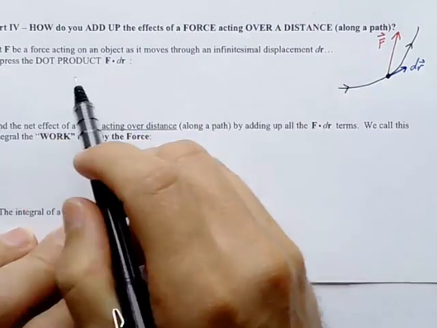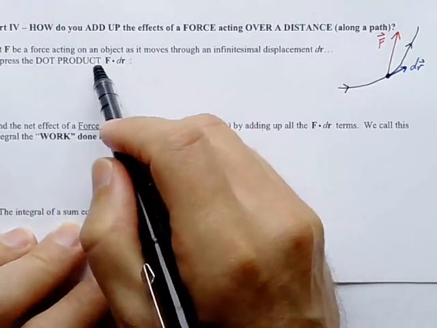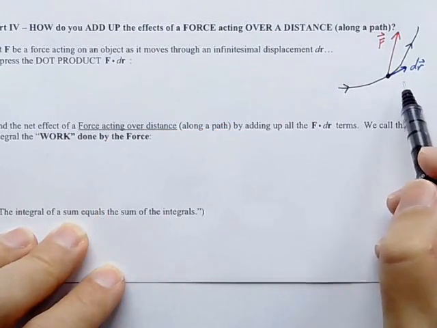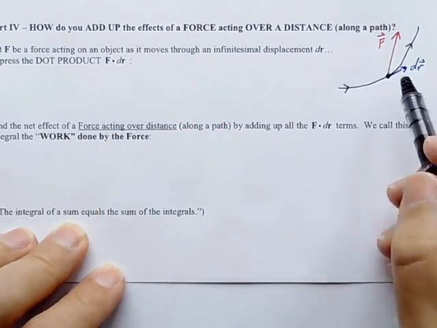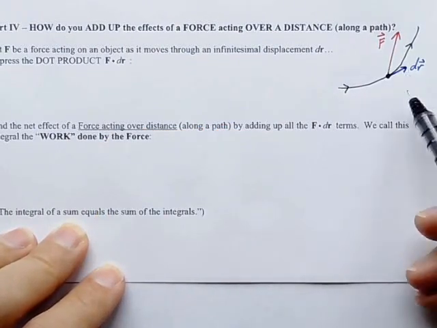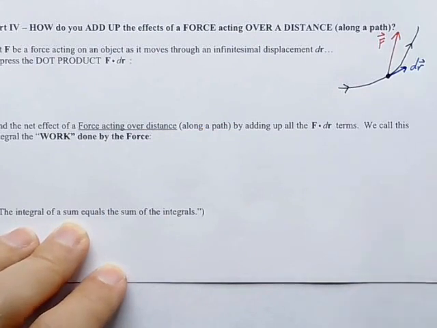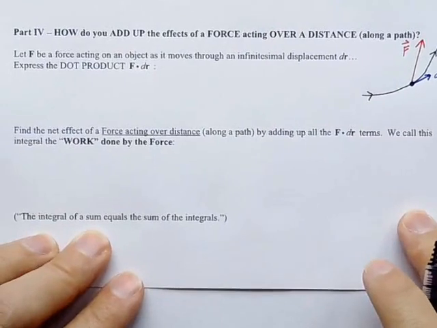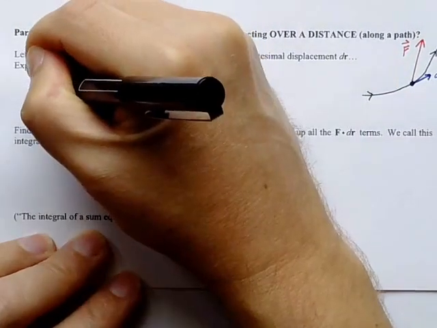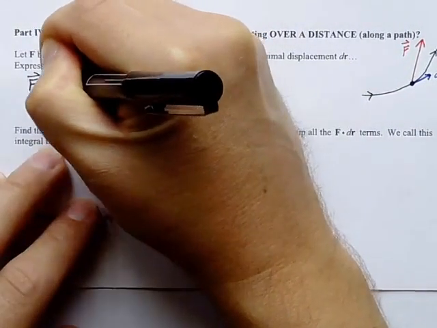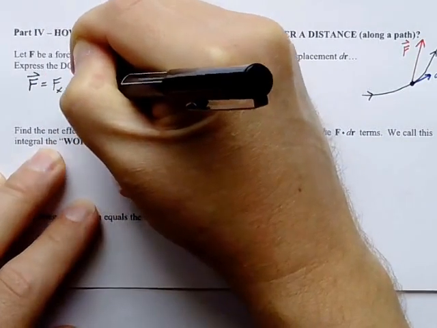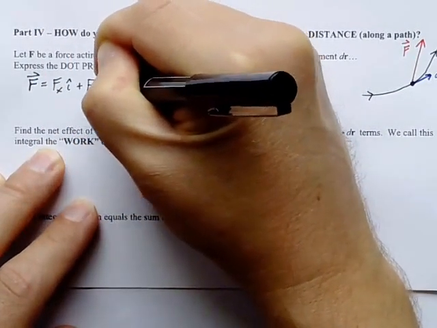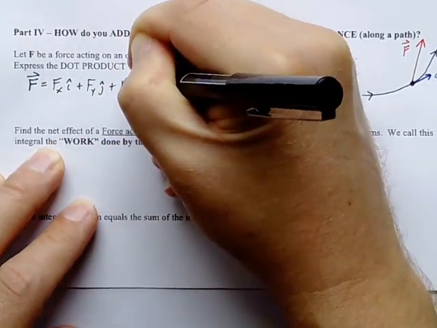So I want to express the dot product F dot dr, the product of their parallel parts, because that will tell us the extent to which the object is speeding up, slowing down, and or turning. So our force, written in terms of components, will be Fx i hat plus Fy j hat plus Fz k hat.